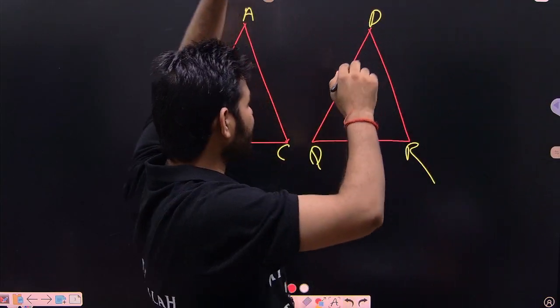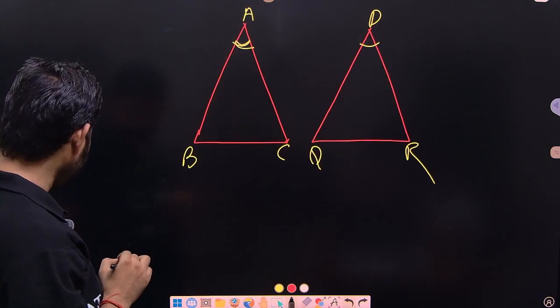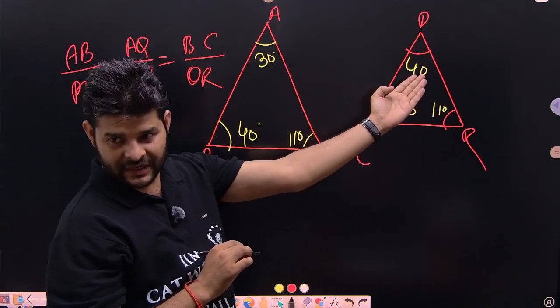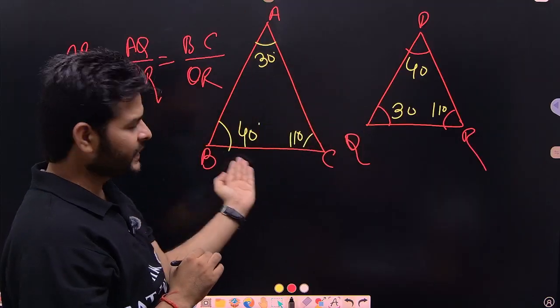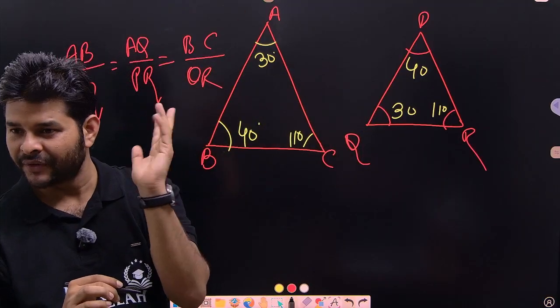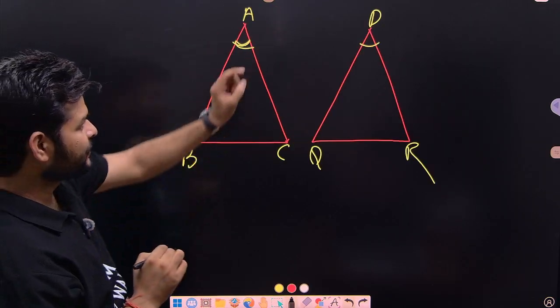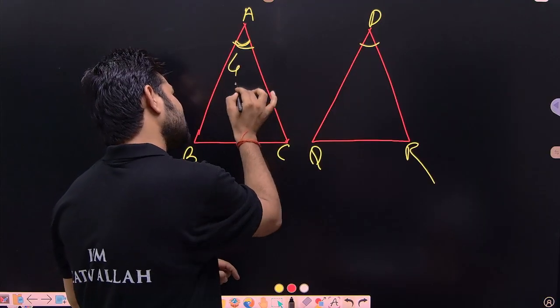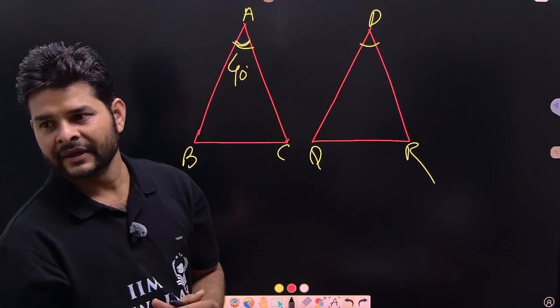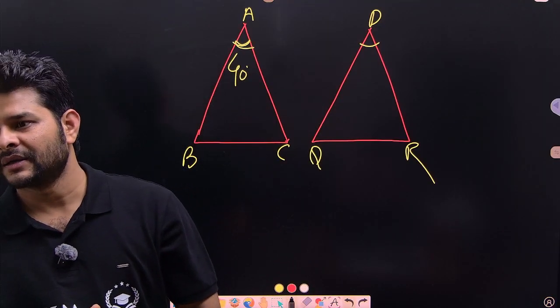That means this angle exactly must be equal to this angle. But in similarity, this is not a mandatory case. If this is 40, any of the three angles may be 40. Are you getting the difference between both? But in case of congruency, if this is 40, only this must be 40, then only these triangles can be said to be congruent triangles.